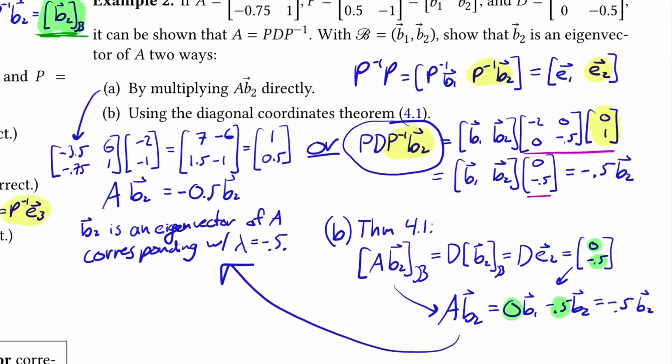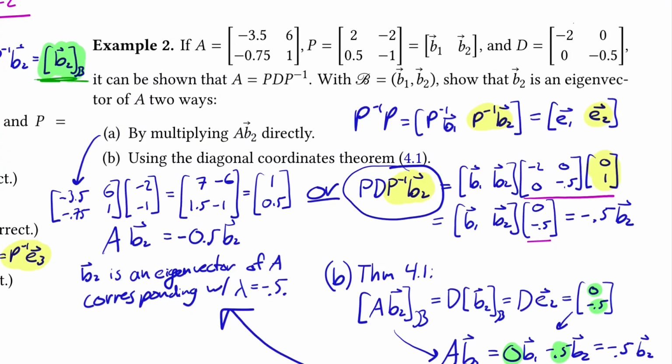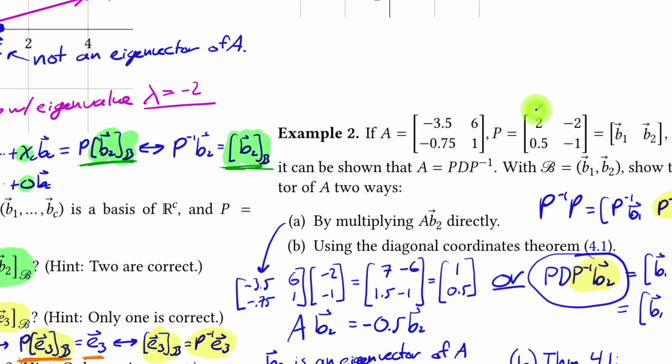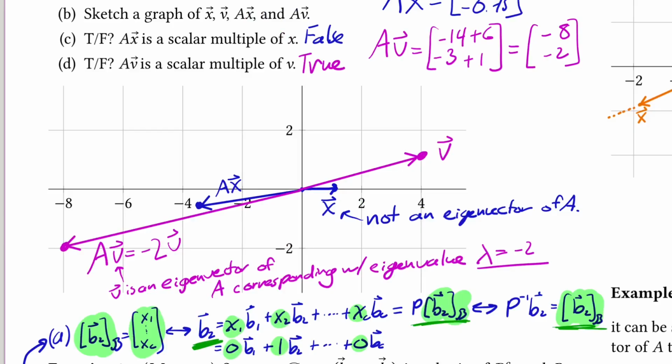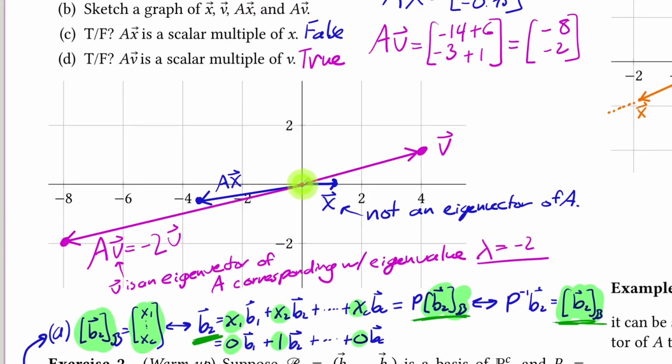And we saw that here, actually. We already knew that b1 was an eigenvector. Well, how did we know that? This 2, 0.5 is actually half of the v we had before. So if you multiply half of v by A, you're going to get half of Av. So this point here is going to be A times b1.